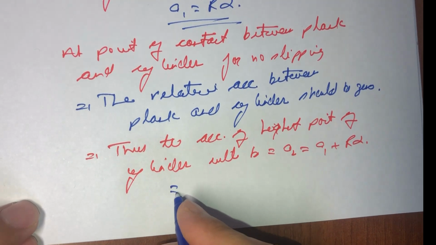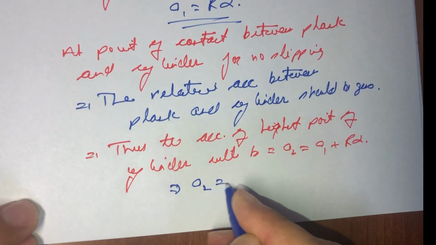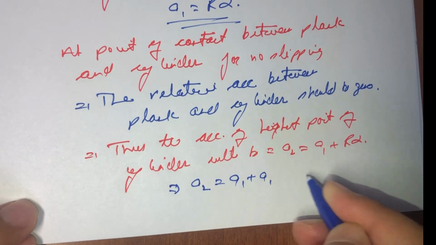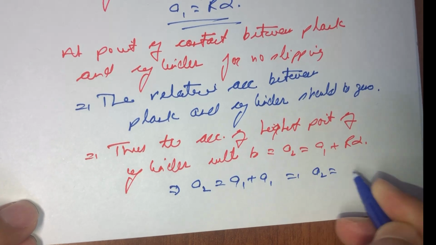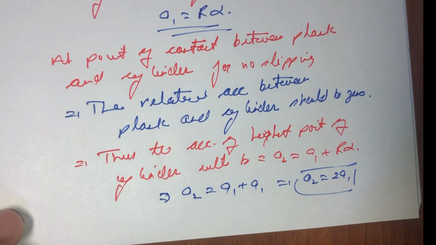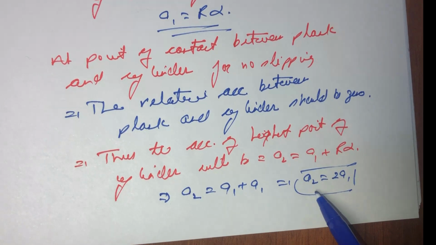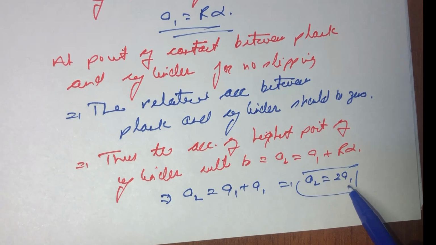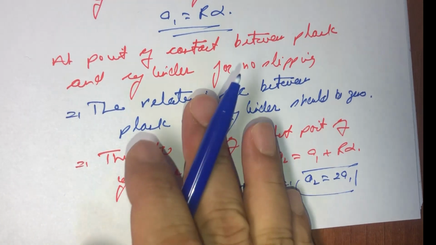So from here a2 is equal to a1 plus a1, which gives a2 equal to twice a1. So we found the relationship between the acceleration of the plank and a1, the acceleration of the center of mass.